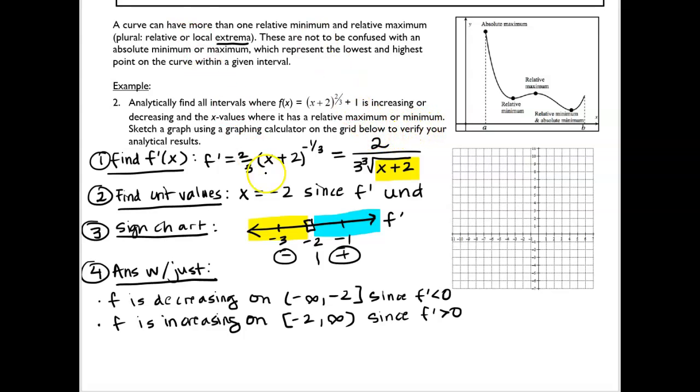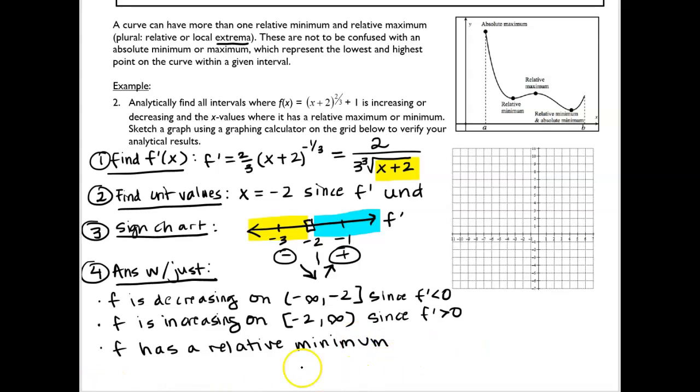So in order to do that, we are paying attention to the sign change here. I'm going from negative to positive. So negative means I was decreasing, positive means I'm increasing. That will be a relative minimum. So f has a relative minimum. And I cannot say it has a relative minimum because f changes from decreasing to increasing, because that is a pre-calculus definition.